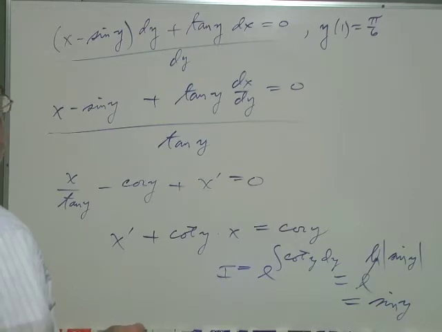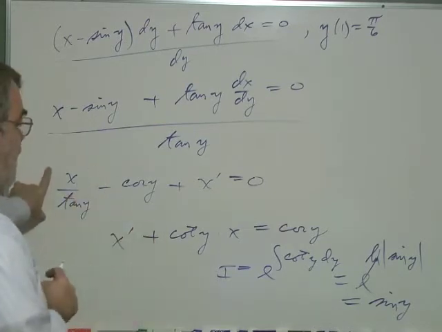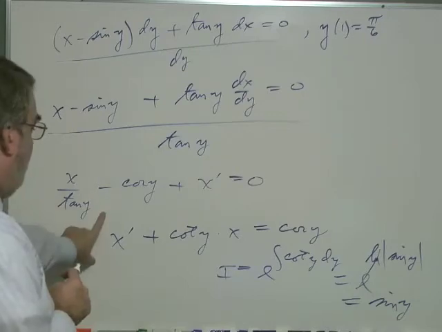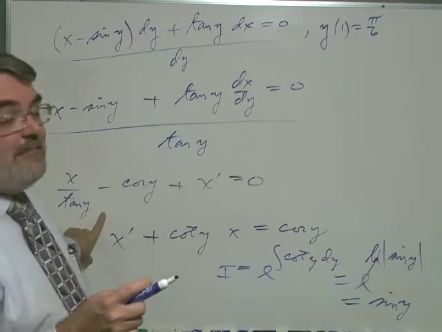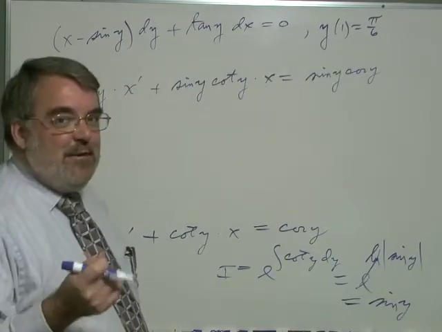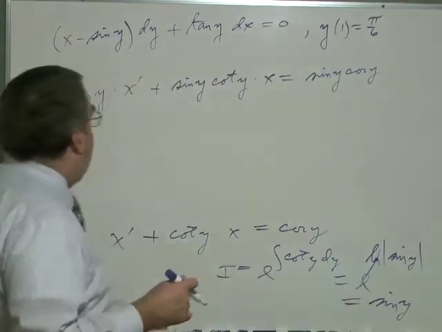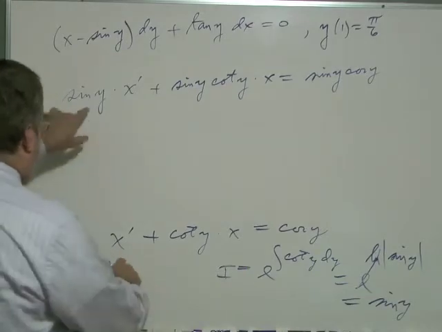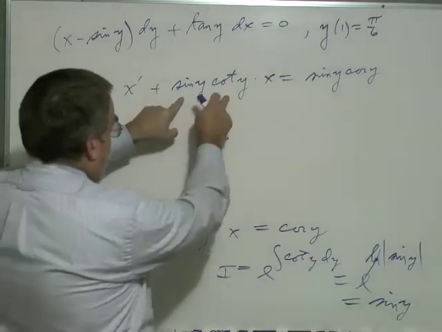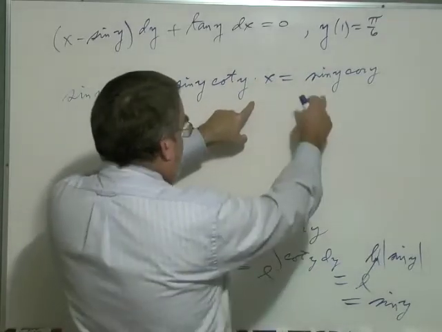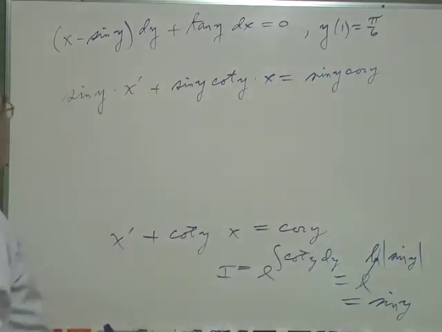Well, I need to work with this equation multiplied by the integrating factor. So I'm going to do a little erasing. I took our integrating factor, sine y, multiplied this equation. So I have sine y times x prime plus sine y times cotangent y times x equals sine y times cosine y.